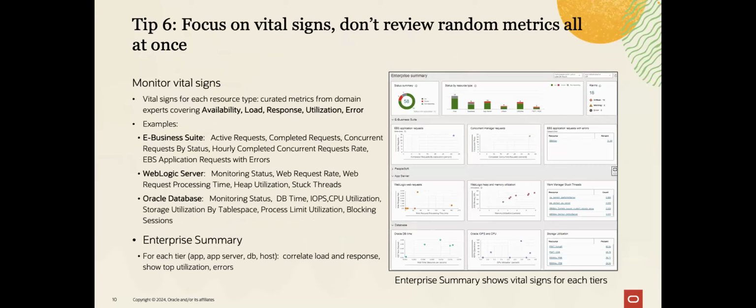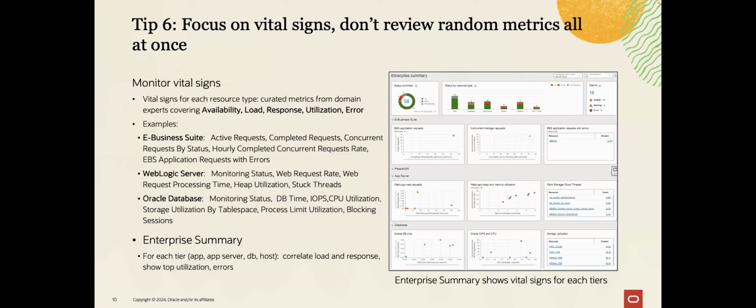So focusing on the vital signs, it's important to monitor vital signs or key aspects of system health and not look at a bunch of metrics all at once, right? In stack monitoring, we monitor these vital signs as curated metrics covering availability status, load, response, utilization, and error. Here we show some of these key metrics for EBS, WebLogic, and the Oracle database, where the full list is in our documentation.